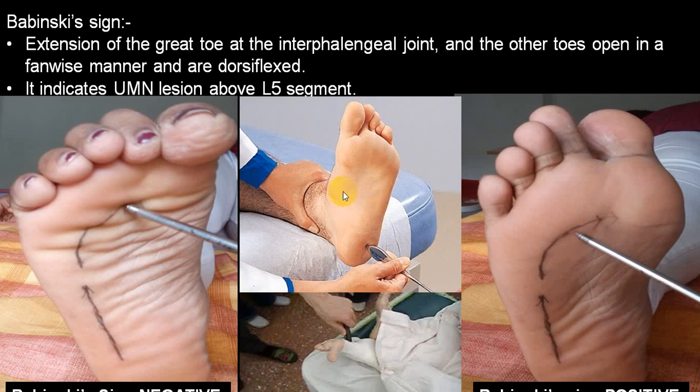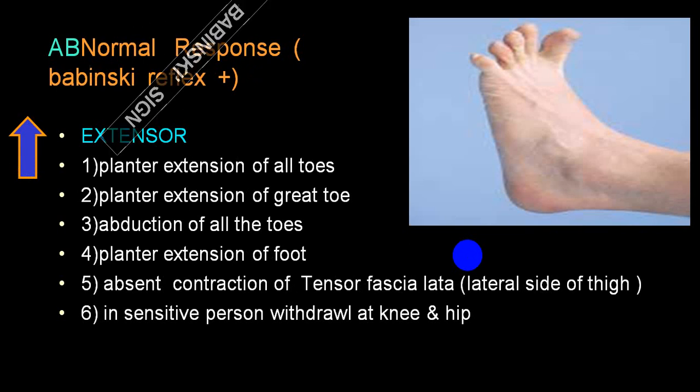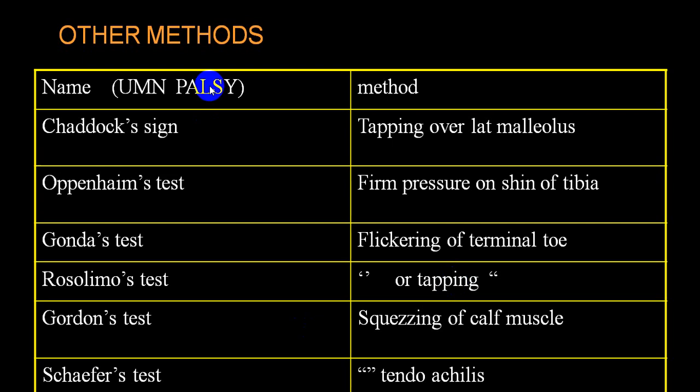While eliciting the reflex, you hold at the ankle to reduce or prevent the withdrawal reflex. So dorsiflexion of great toe with or without extension and fanning of other toes, dorsiflexion at ankle, flexion at knee and contraction of tensor fasciae latae is Babinski sign, or Babinski reflex.